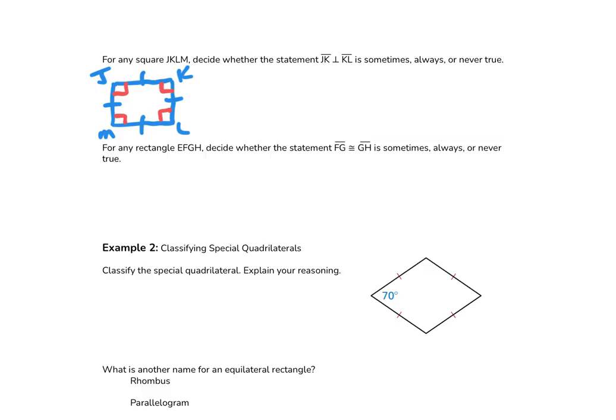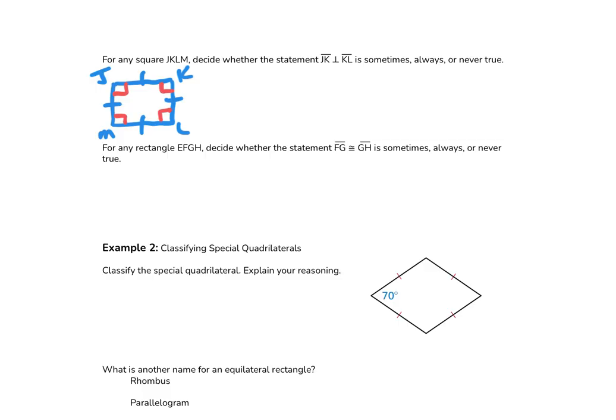What's the symbol that we got right here? What's that upside down T? Perpendicular, okay? Perpendicular means what? They make 90 degrees, okay? Two lines form 90 degrees. Are JK and KL perpendicular? Do JK and KL form a 90-degree angle? Yeah, okay?